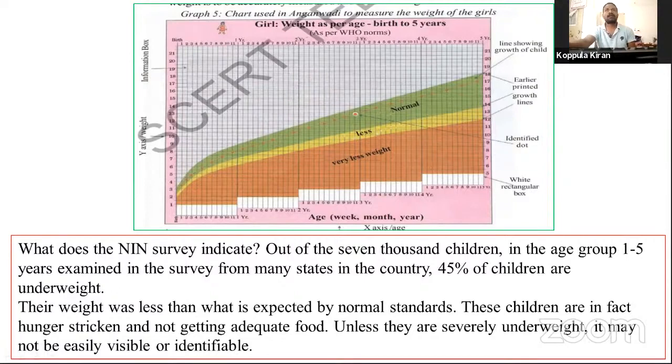45% of children are underweight. So they did not take nutritional food. They surveyed samples of 7,000 children. Their weight was less than what is expected by normal standards.